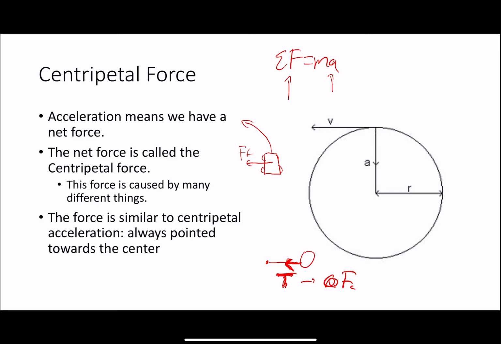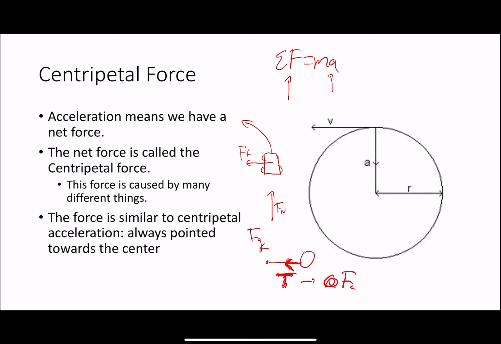Okay. And we'll get to some other problems. Sometimes we'll have a normal force that causes something to turn. Sometimes we'll have a bunch of different types of forces. Sometimes it'll just be an applied force that causes an object to turn. Sometimes it's gravity, like for satellites, that cause the objects to turn in a circle and revolve around the Earth.